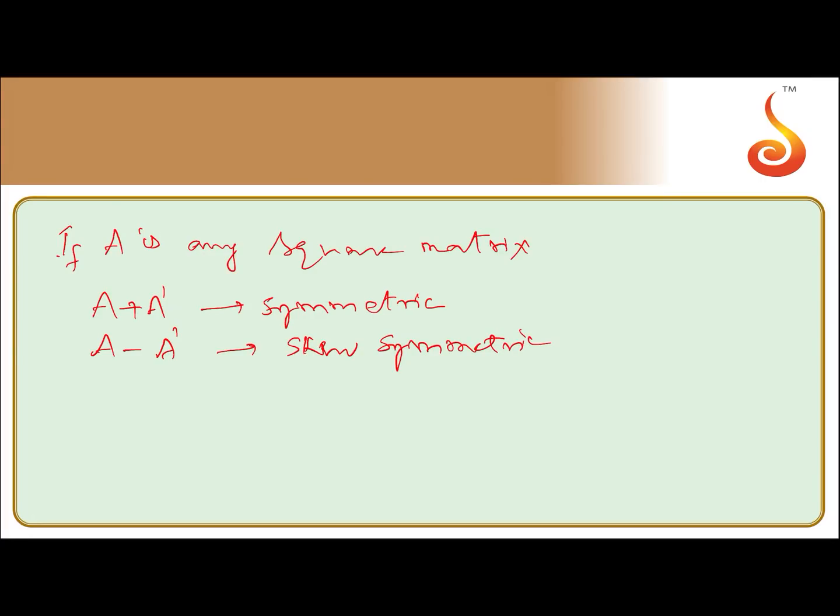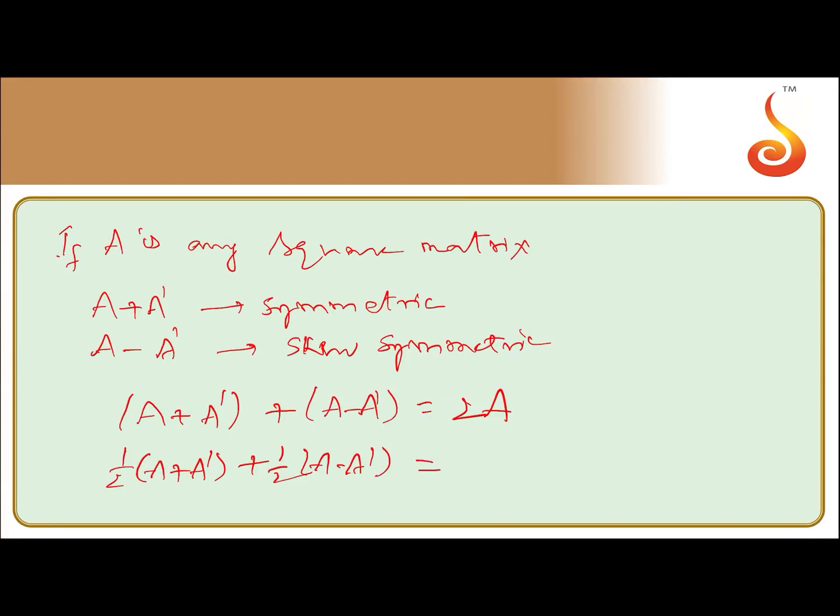Clearly, what is the addition of these two? A plus A transpose plus A minus A transpose is equal to 2 times A. Then multiplying by half, half of A plus A transpose plus half of A minus A transpose is equal to A itself. So any square matrix can be written as a sum of symmetric and skew symmetric matrices.